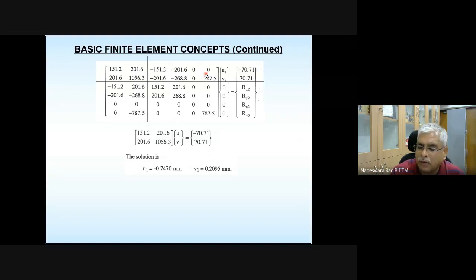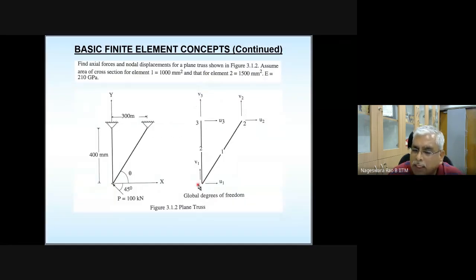One more thing. What is local node 1 for element 1? One of you. What is global node 1? Global node number for element 1, which is first node. It is 1. For element 2 also locally, node 1 is its first node. Okay? You agree with that? Yes, sir.